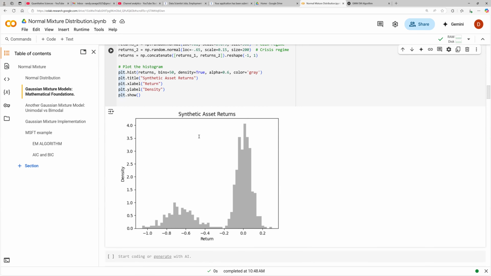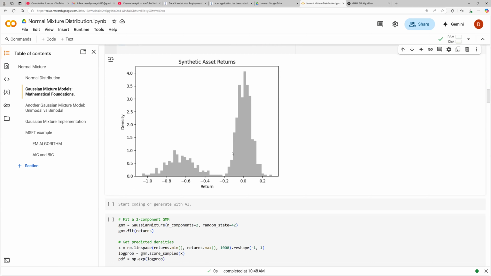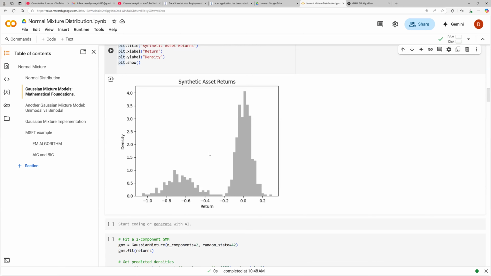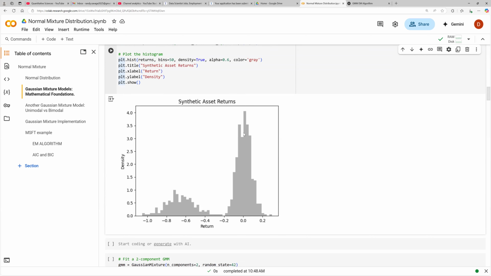If you look at this, you can see one distribution that is pretty much stable, and then another distribution that has negative outcomes. This reflects pretty accurately how stock market returns can behave. You can have periods of calm where it's bounded. You're not going to lose too much, and you're not going to win too much.